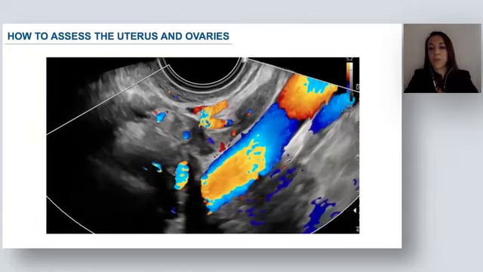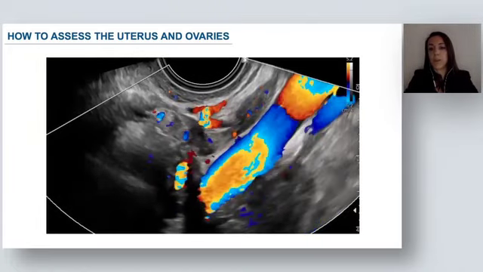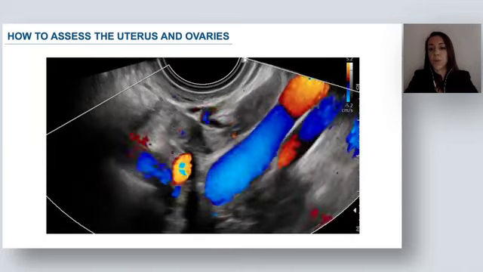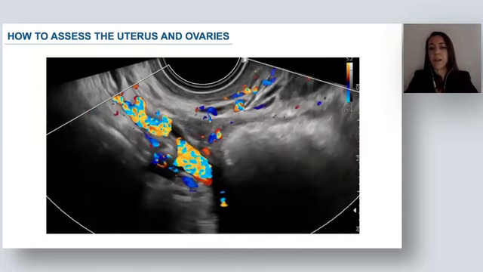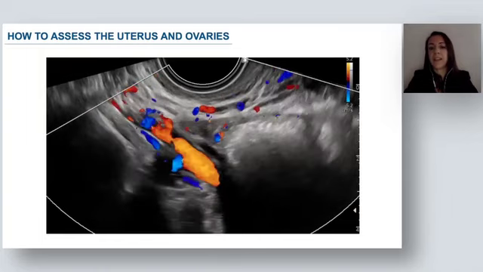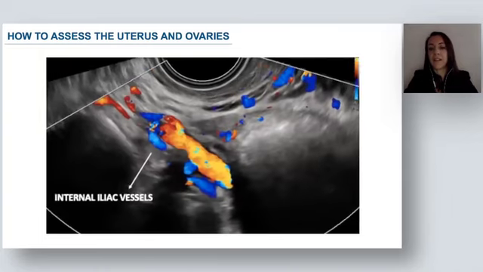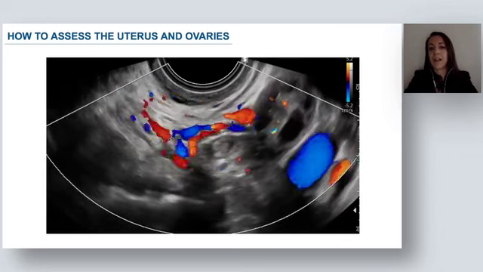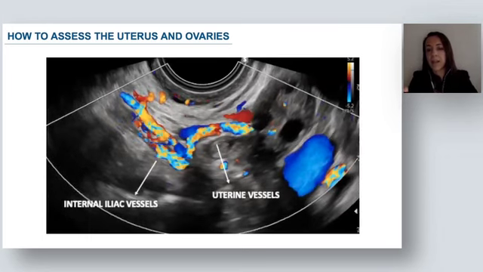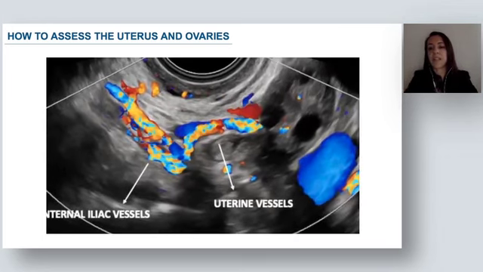In particular, I want to show you that with the transvaginal examination, we can see the external iliac vessel. Then we can follow the internal iliac vessels, and from the internal iliac vessels, we can assess the uterine artery.